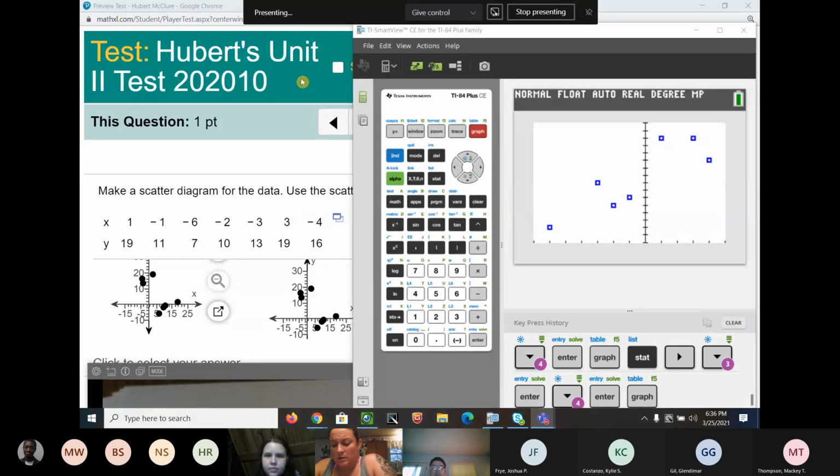1, negative 1, negative 6, negative 2, negative 3, 3, negative 4. The 19, 11, 7, 10, 13, 19, 16. Graphed. Yeah, something's wrong.